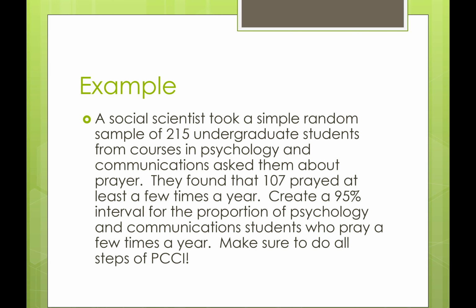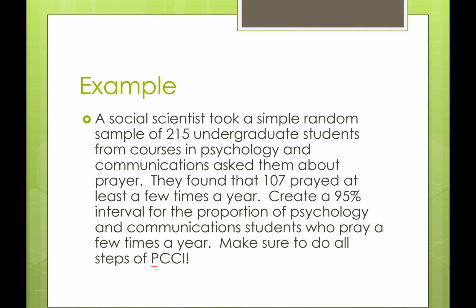All right, so let's do an example. A social scientist is looking to see how often undergrads in psychology and communication pray. They asked 215 undergrads in those majors and found 107 of them prayed at least a few times a year, and we want to create a 95% confidence interval.